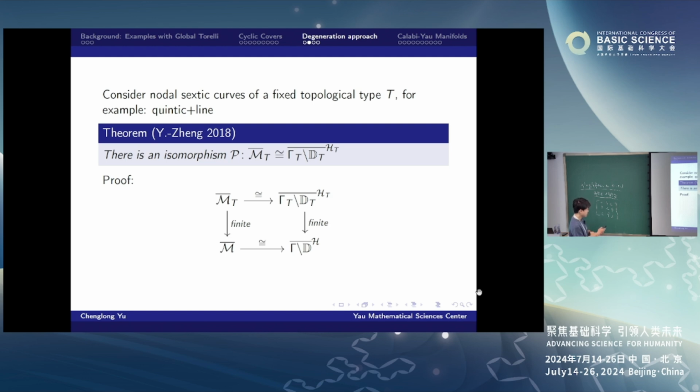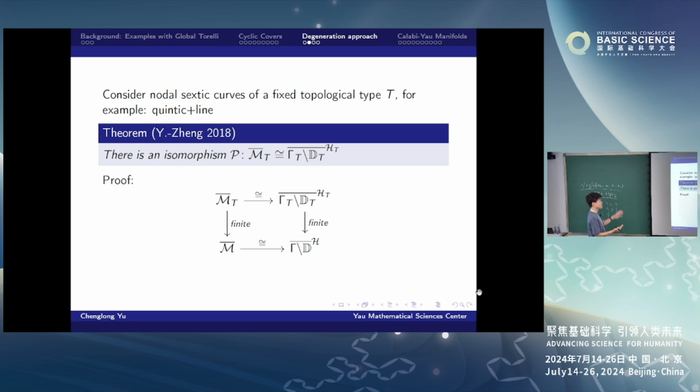So for example, we can consider sextic curves with nodal singularities. If we consider a quintic and a line, then they will generically intersect at 5 points. So in this case, it's a moduli space of sextic curves with 5 nodal singularities.